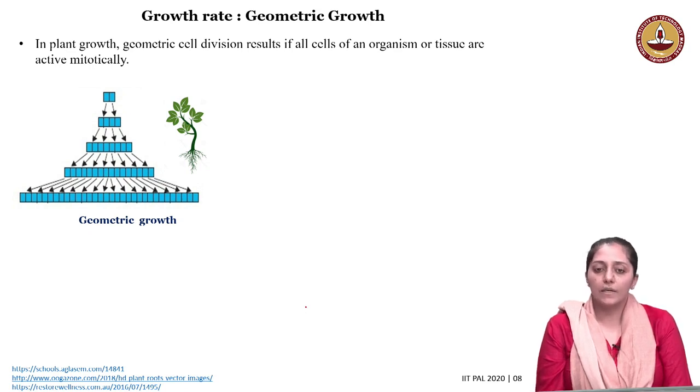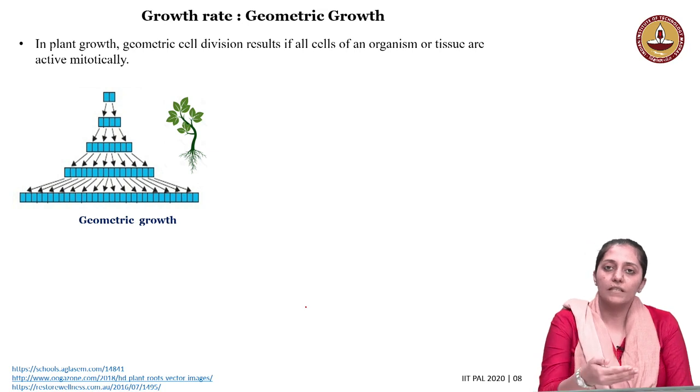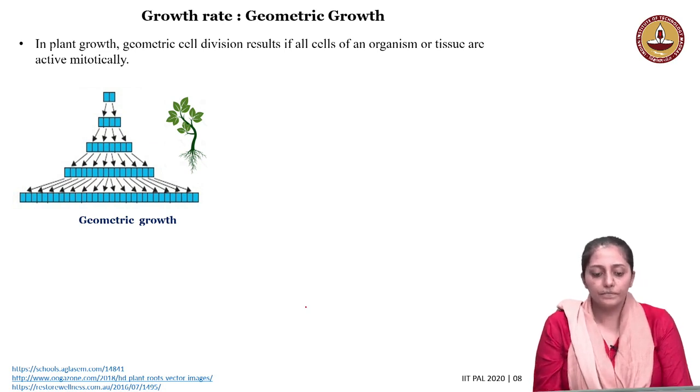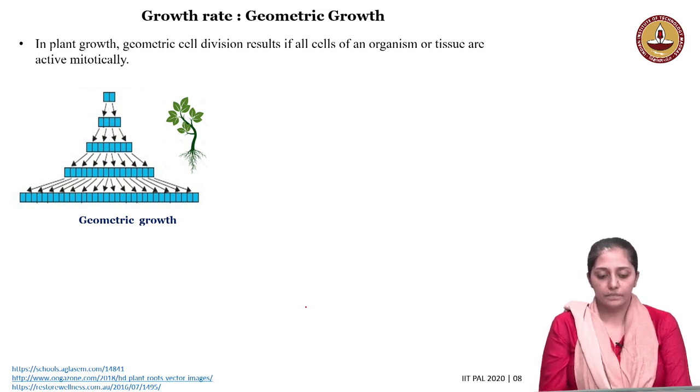So, in that case what will happen? The 2 cells will lead to 4 cells, the 4 cells, with every cell leading to 2, will again lead to 8 cells, then these 8 will become 16 and so on. So, this is a geometrical growth pattern.